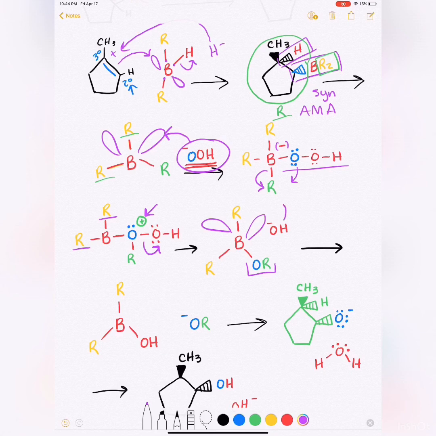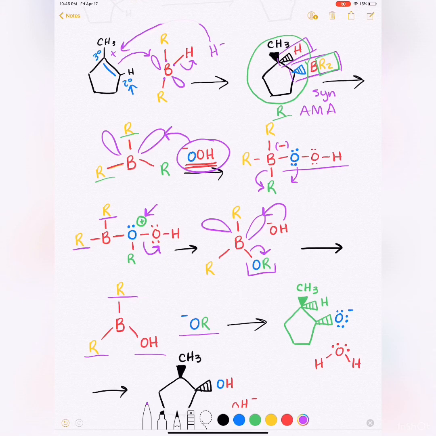So OH is going to attack the orbital again, and to compensate, instead of kicking off another R group, it's going to kick off this OR group. So now we have the yellow R and the yellow R, which have not changed, and an OH group attached to the boron, as well as a negative OR in solution.